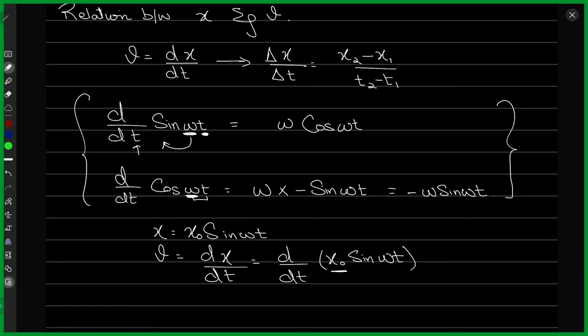X naught is just a constant number. So the derivative is with respect to time, and x naught does not depend on time. It is the maximum, it is the amplitude of the oscillation, right? So it will always be the same no matter what time it is. So I can just write this outside. The operator will not act on it. And now we are left with sine omega t.